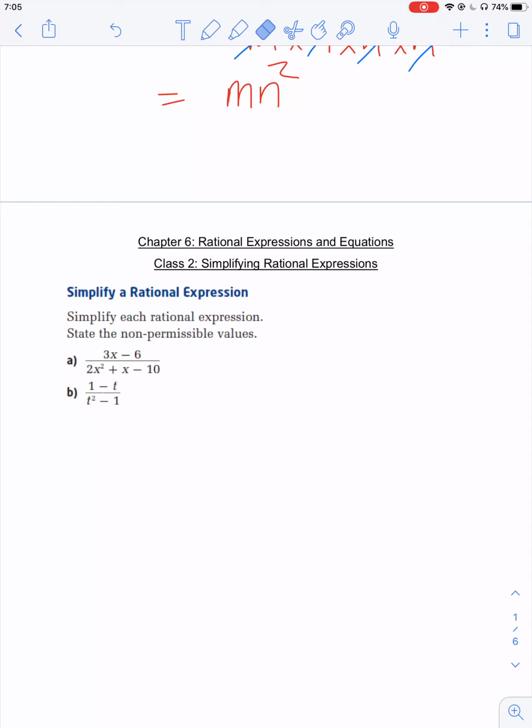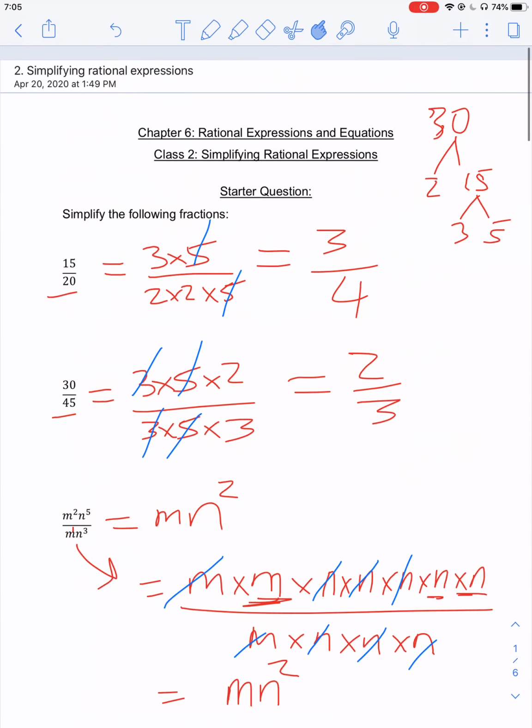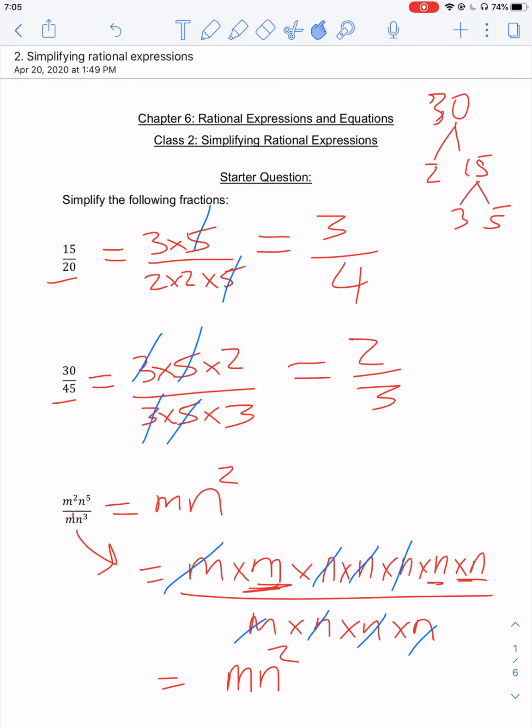a product. Okay, so going back to my first example, if you want, 15 over 20. 15 over 20, if I write this as a sum, it's also 10 plus 5 over 10 plus 10.